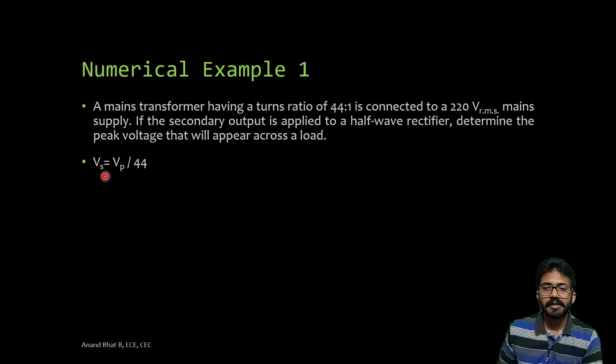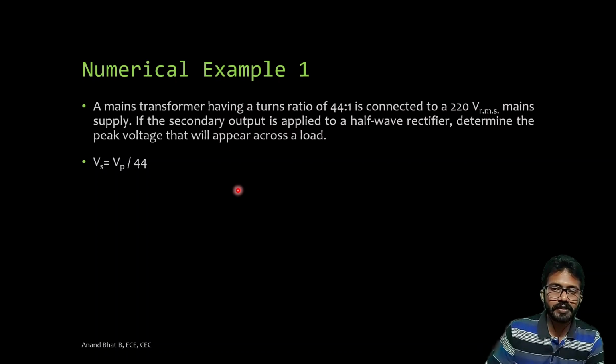So here, the secondary voltage is the primary voltage divided by 44 because the turns ratio is 44:1. And we know that primary voltage is 220 volts. So calculate the secondary voltage. It will be 220 divided by 44. So I hope you have got this value.